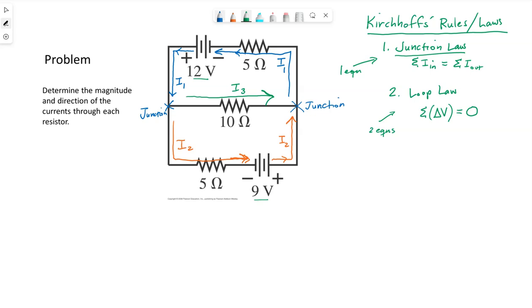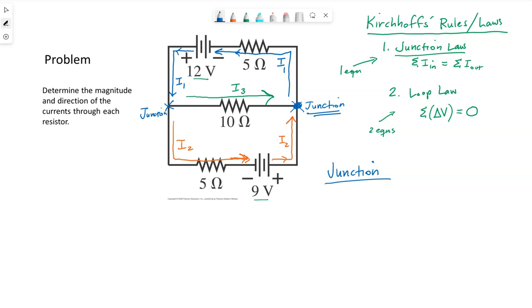Okay, so our junction equation. It doesn't matter which junction we look at here, we just need to look at one of them. So for example, if we look at this junction on the right, to write the junction law equation, when we say in, I mean, okay, look at the arrows.